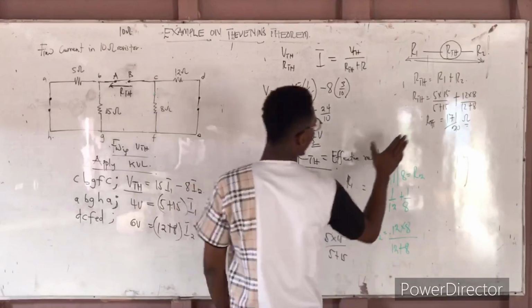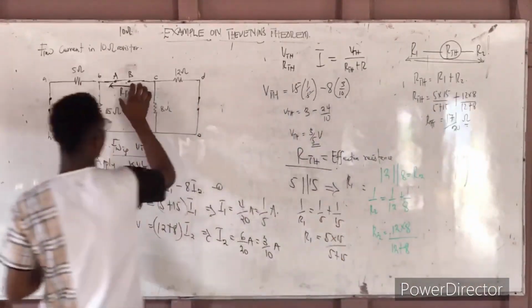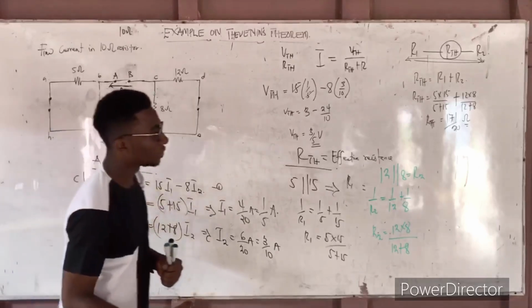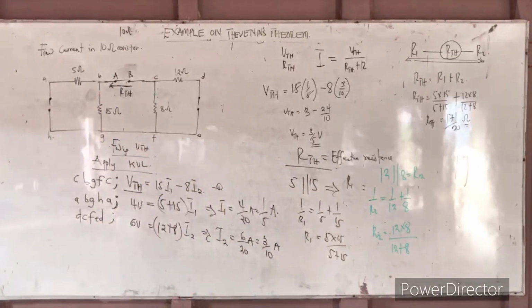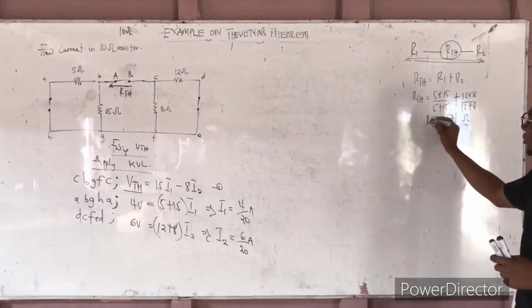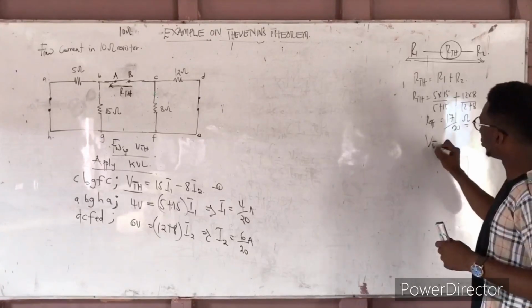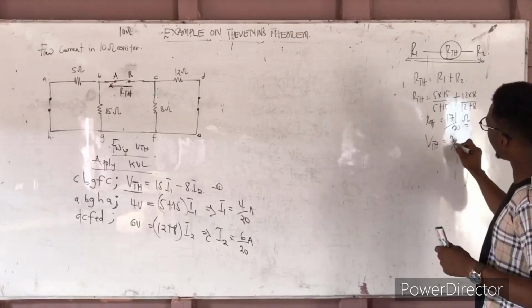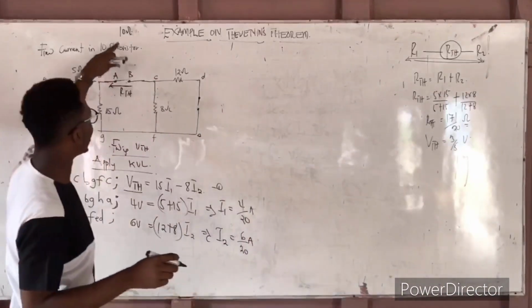Now, to find the current through the 10 ohm resistor becomes very simple. We had the RTH as 171 over 20 ohms, and the VTH as 3 on 5 volts. So we want to find the current through the 10 ohm resistor.